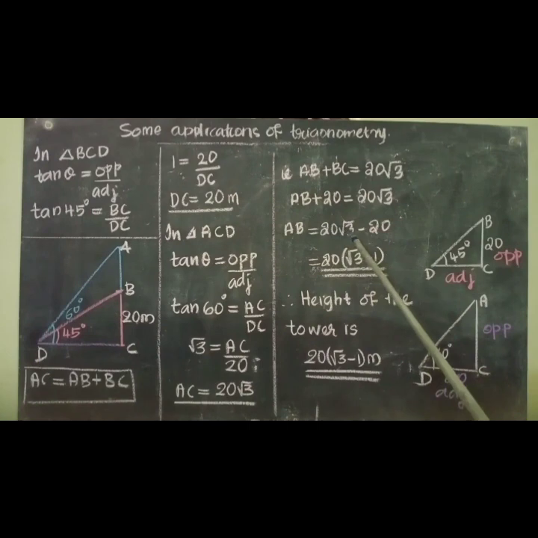Now you can see this is 20 root 3. This is 20. From these both numbers we can take 20 outside. So we get 20 into root 3 minus 1. If we take 20 outside from this number, there is remaining root 3. If we take 20 from this number, there is remaining minus 1. So we can conclude, therefore, height of the tower is 20 into root 3 minus 1 meter.